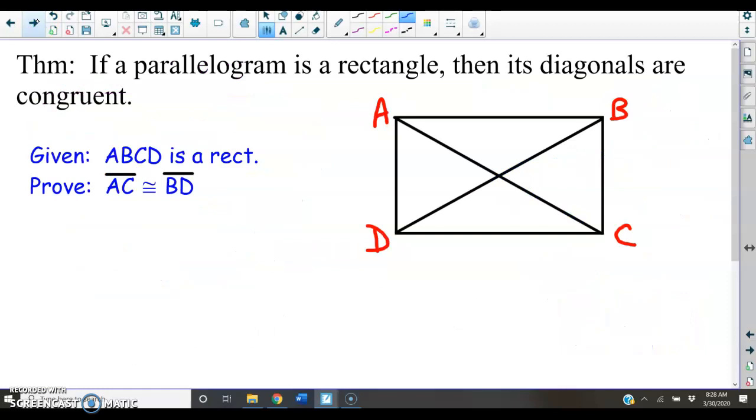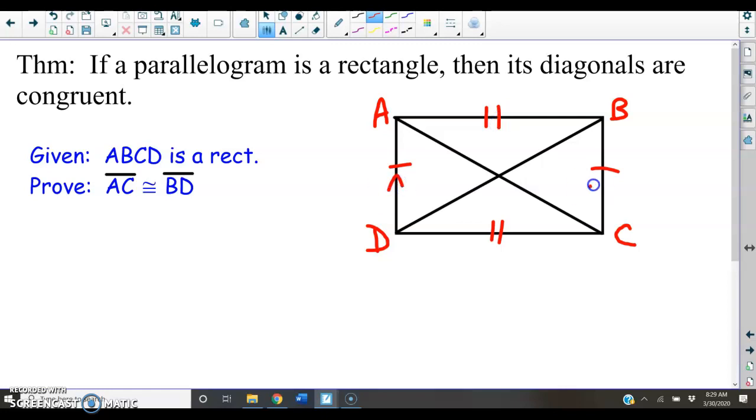Okay, so here's an extra one. If a parallelogram is a rectangle, then its diagonals are congruent. Okay, so we're going to run through how we would prove this. Not necessarily prove it, but run through how we would. It's a parallelogram. So this side and this side are congruent. This side and this side are congruent.